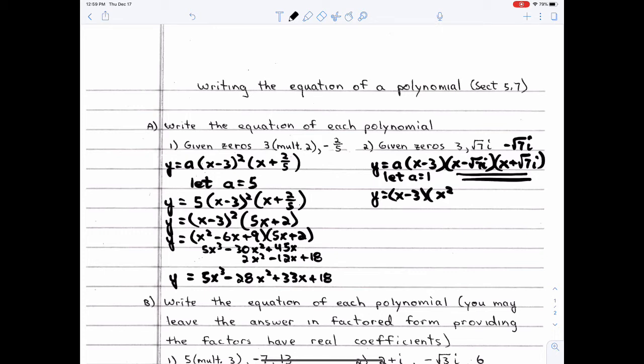The middle term is going to go away, and then minus 7i squared, which is x minus 3 times x squared plus 7. Now I'm going to distribute. So we get x cubed plus 7x, and then we'll distribute the negative 3.